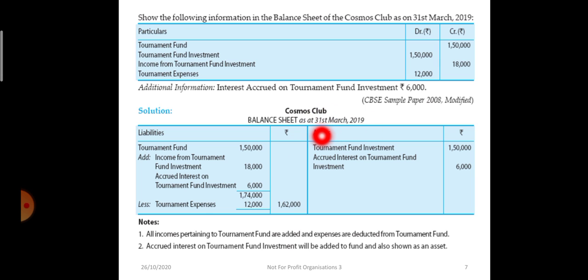So all the incomes will be credited or added to the opening balance. If the total is less than the total expenses, then the excess expense will be debited to income and expenditure account. Otherwise, if the opening balance is more, in that case it will be shown on the liability side.